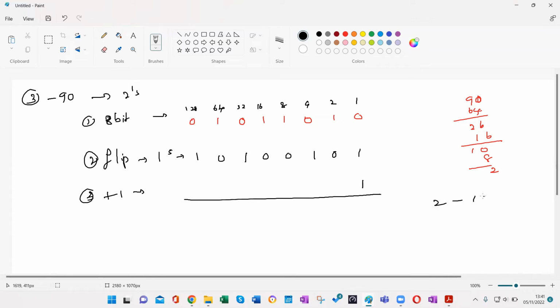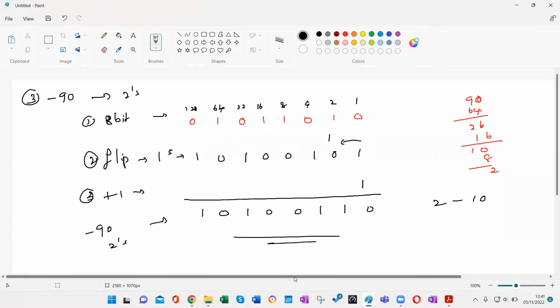You know 2 is represented as 1, 0. So you put 0 here and take the carry bit to the other side. 1 plus 0 is 1. And there's nothing here, so it's 1, 0, 0, 1, 0, 1, 0. So this is supposed to be the answer when you convert minus 90 into 2's complement.